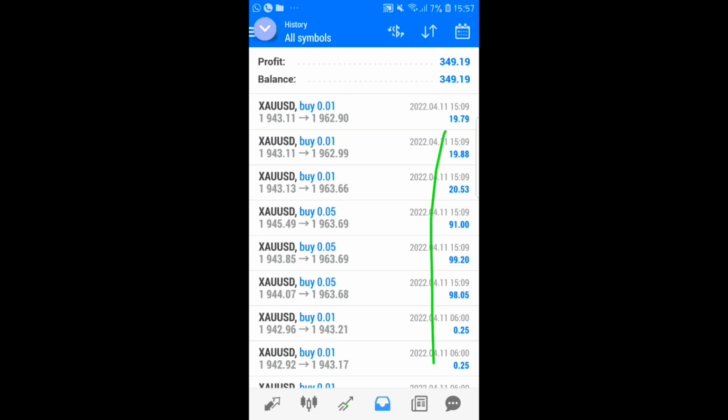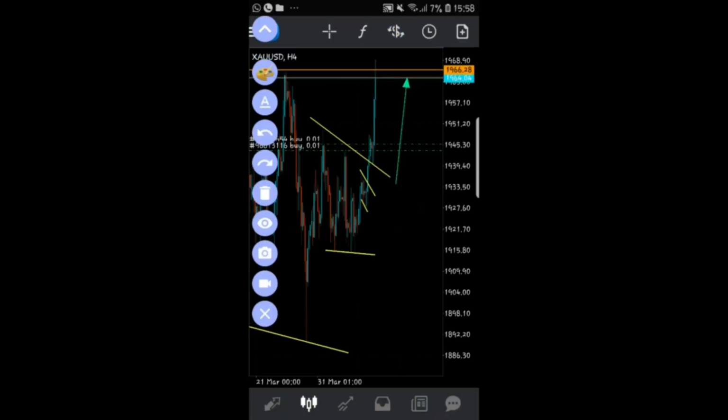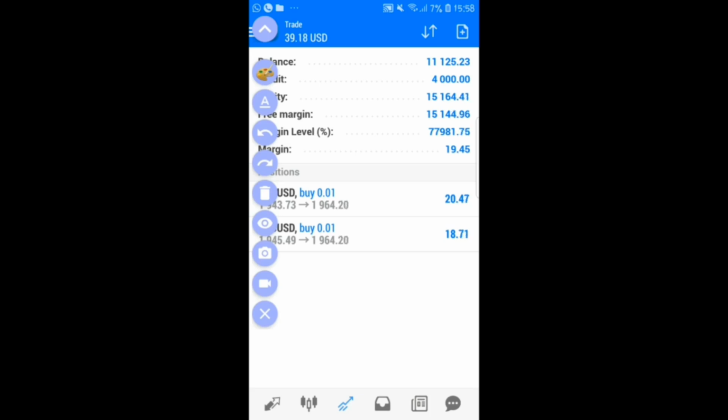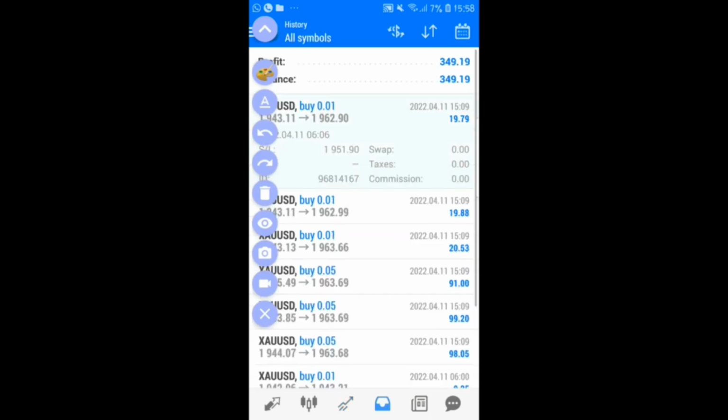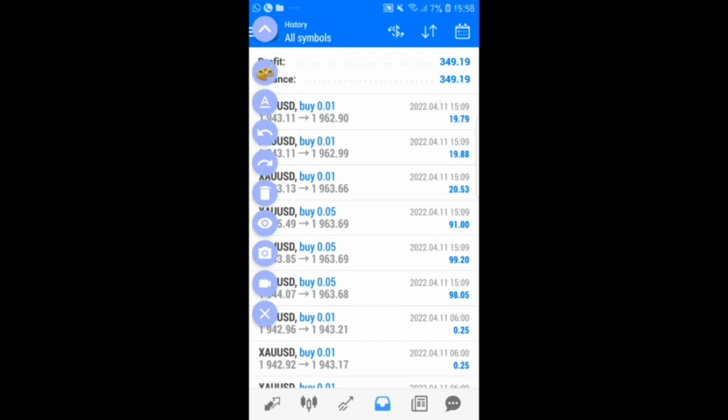Okay, so you see that it has already reached up here. Then I've remained with two trades running. Okay, I have these two trades that are running over here. Then if I come to today's, you can see that I've already closed several of them.